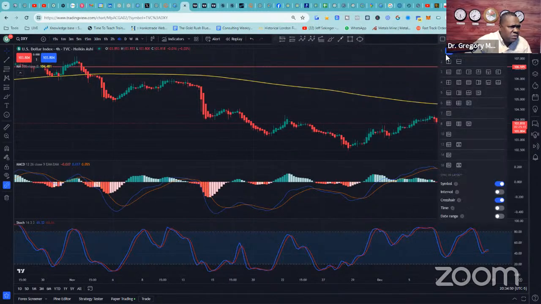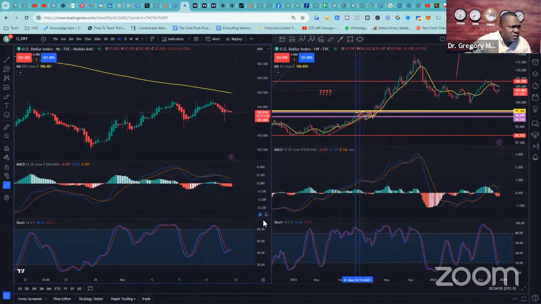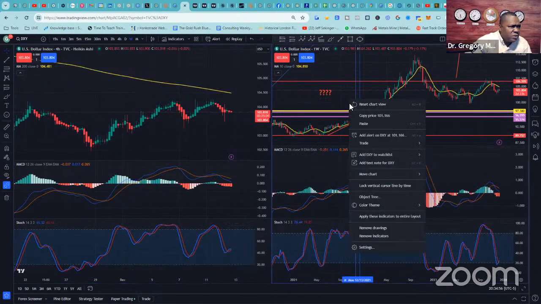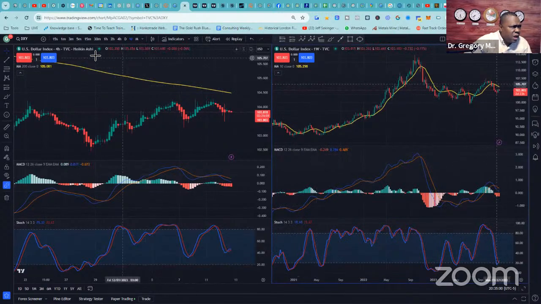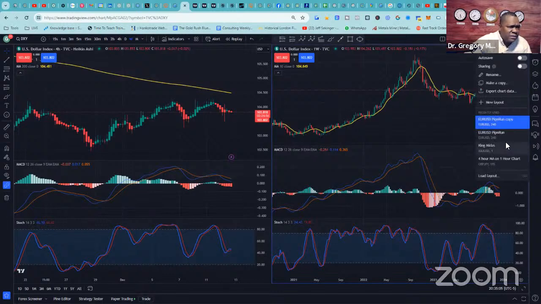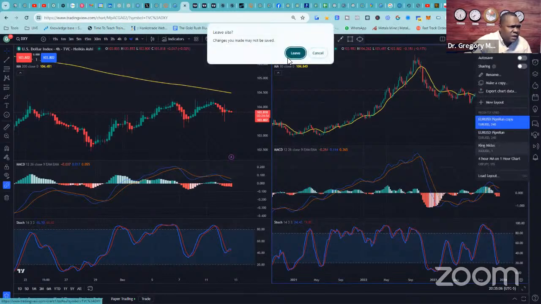And we're going to look at dual time frames there. And then we're going to remove all drawings. Right. Oh, it was kind of helpful. In fact, I want to go back to the other template we had, the King Midas template.